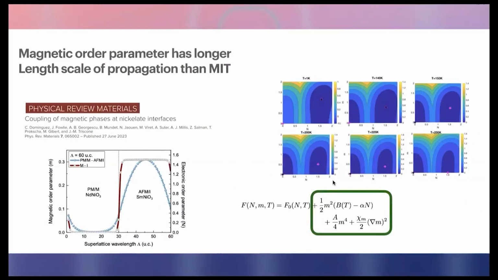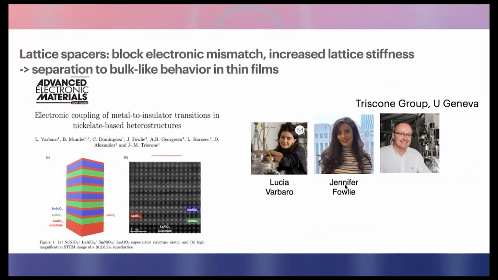In the superlattices, though, you'd imagine the length scales of the MIT have to dominate that of magnetism. That's not true. So the thing that turns out is that you actually have longer length scales of the magnetic degrees of freedom than the metal insulator transition. That's probably because the magnetic part is second order. And using this, we can build a variety of new theories as well.